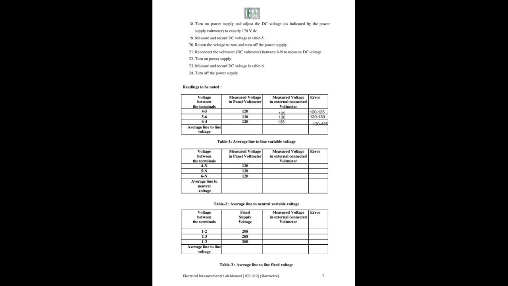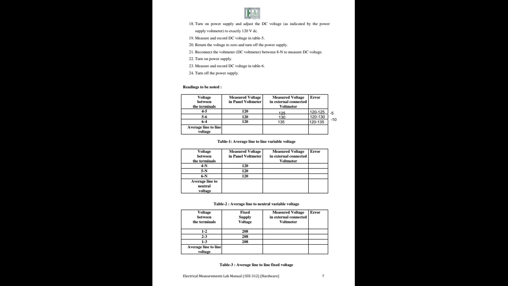So what will be the error here? Here the error is minus 5. Here the error is minus 10. Here the error is minus 15. So what will be the average?